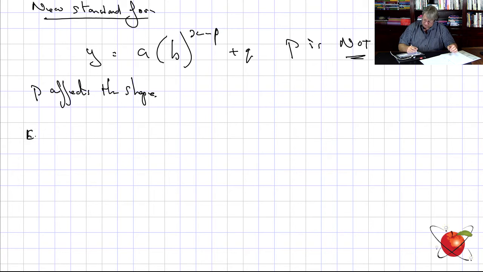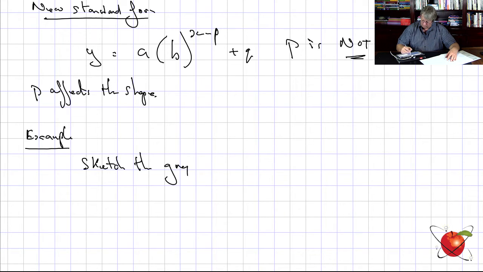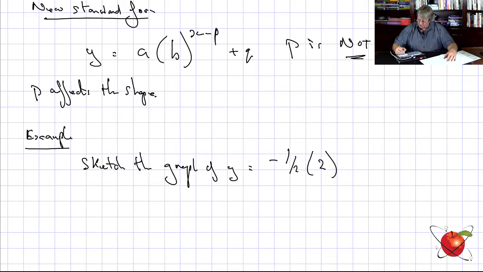Now, all right, here's an example. Let's just do an example straight off. Sketch the graph of y equals minus a half times 2 to the power of minus x minus 1, and plus 1 over there just for good measure.